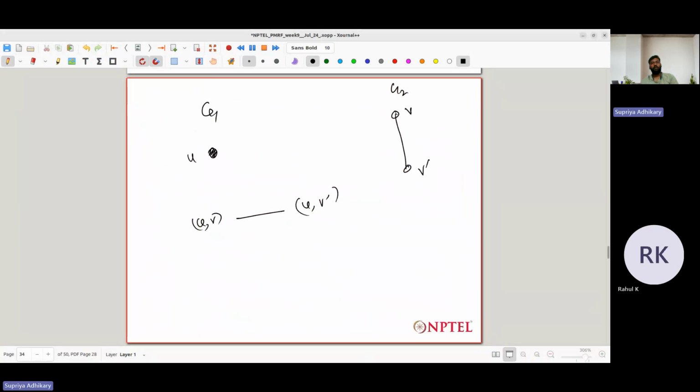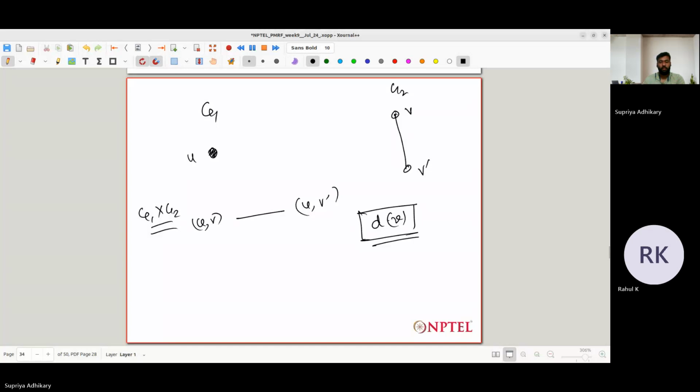And the total number of ways that we can consider such edges is the degree of V, because it is the number of edges adjacent to V. Corresponding to each of the edges adjacent to V, we can consider an edge in G1 cross G2. So the total number of edges that we can consider in this manner is the degree of V.